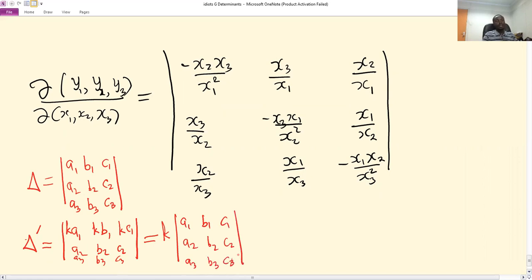In general, if we have a factor in any given row or any given column of a determinant, then the value of the determinant is the same as factoring out that factor and multiplying by the resulting determinant.